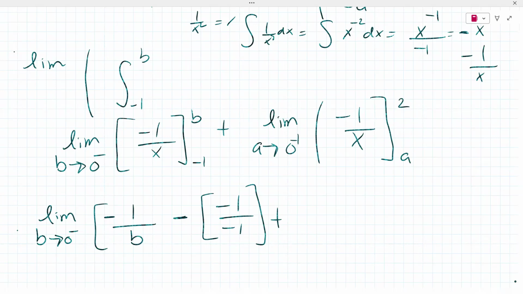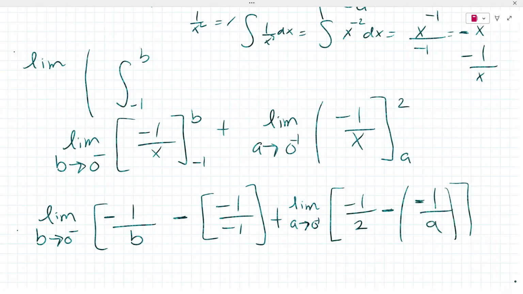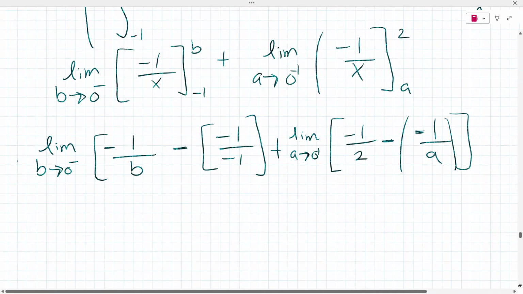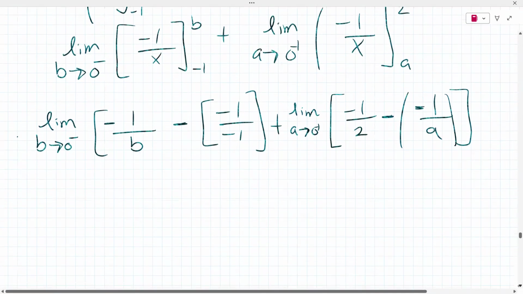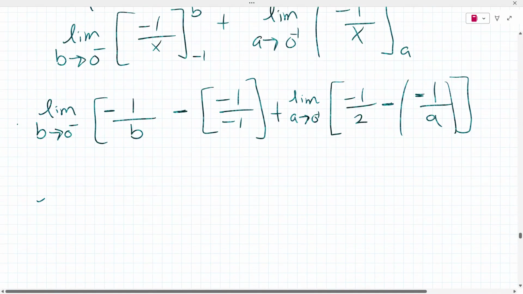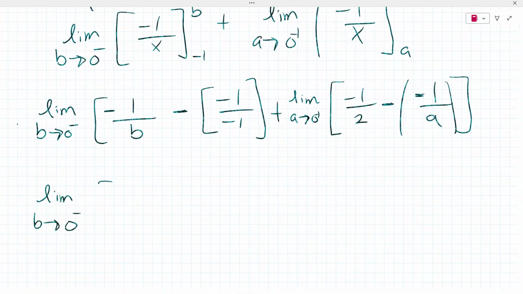So it's going to be the limit as a approaches 0 from the right of negative 1 over 2 minus negative 1 over a. So it's going to be the limit as b approaches 0 from the left of negative 1 over b.